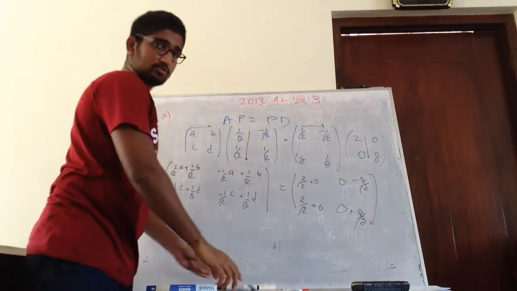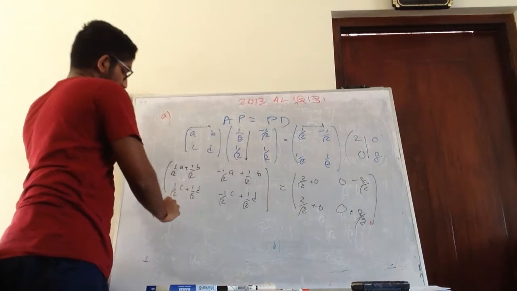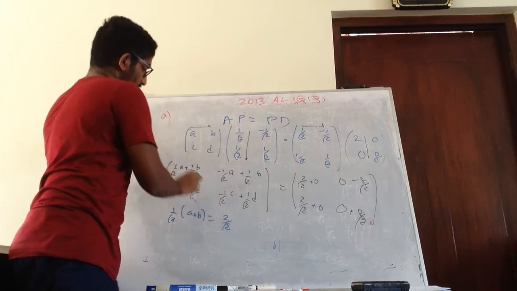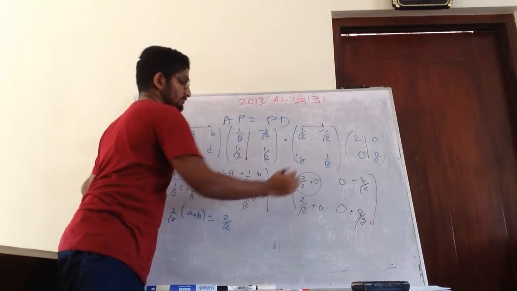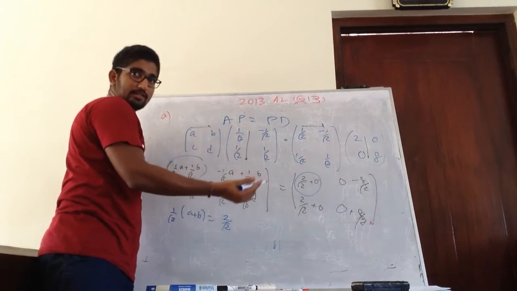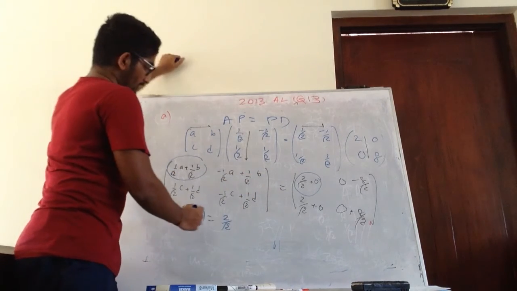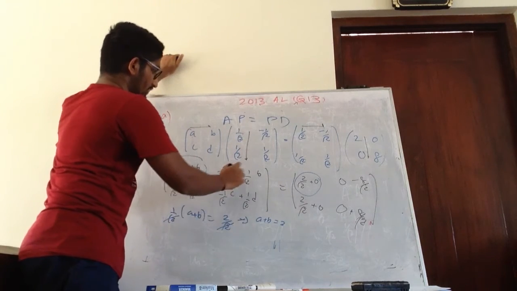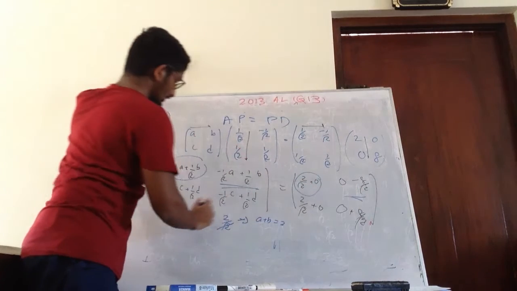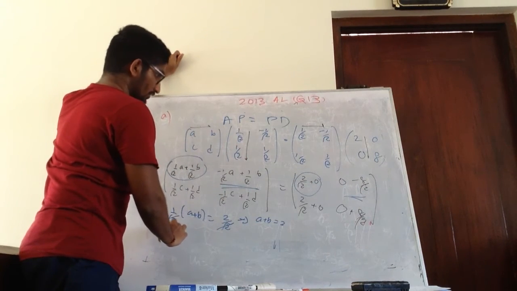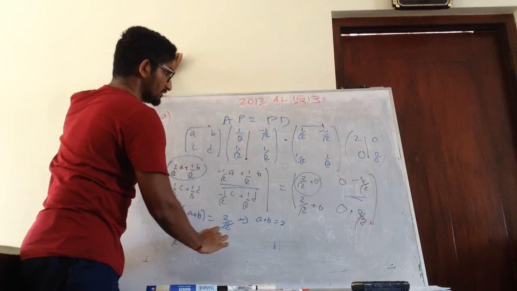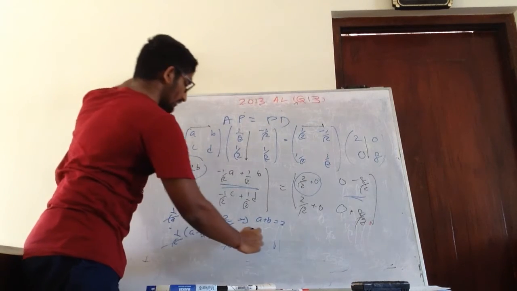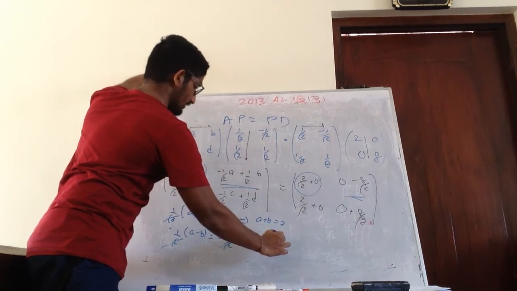Right now. So what can we write? We can write that square root of 2 times (a plus b) is equal to 2 square root of 2, because the corresponding entries are equal. Square root of 2 is eliminated, so you get a plus b is 2. Then we go to this: a minus b is minus 8 square root of 2, so square root 2 is out, minus is also out, so a minus b is 8.